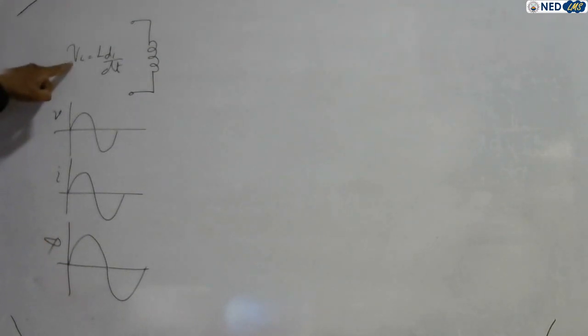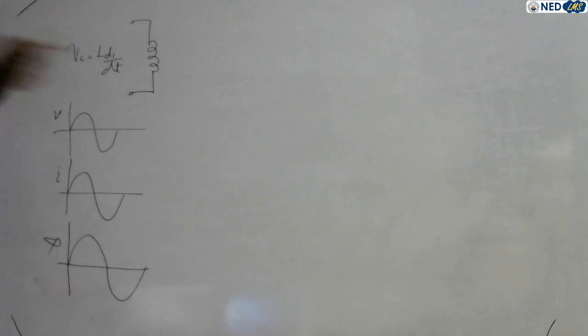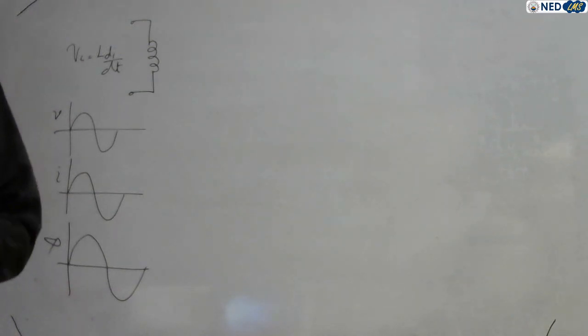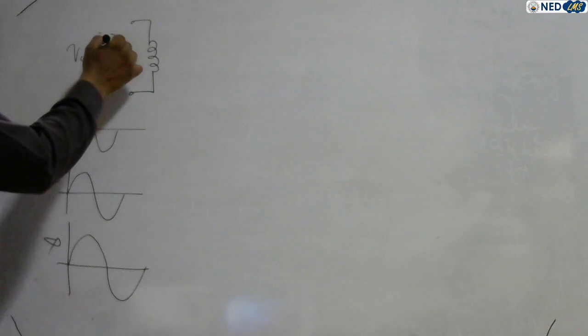So what is inductance? What is the voltage induced in the inductor? It is L times, L in Henrys, the rate of change of current with respect to time. In the previous live session, most of the students asked why an inductor does not allow abrupt change in the current. See the inductor equation, the rate of change of current.